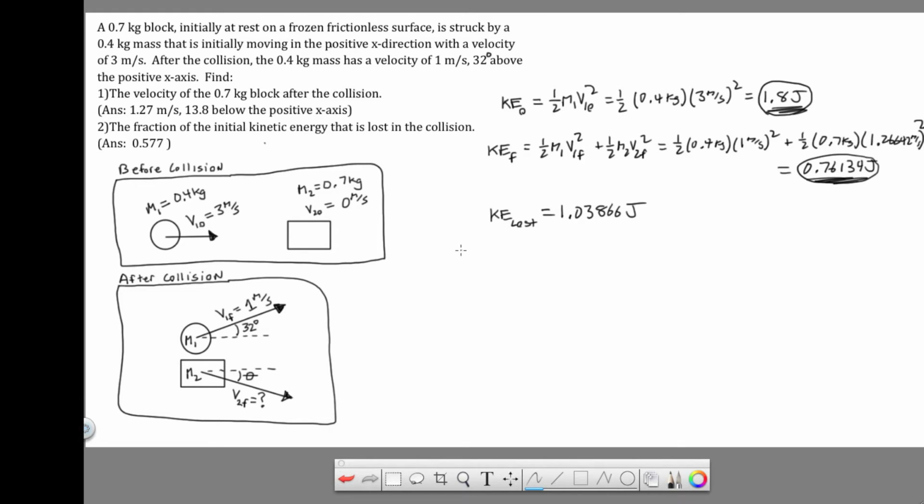So the fraction of the initial kinetic energy lost is going to be the kinetic energy lost divided by the kinetic energy initial. So you go 1.03866 divided by the initial amount, which is 1.8, and we get a fraction of 0.577, which is basically 57.7%.